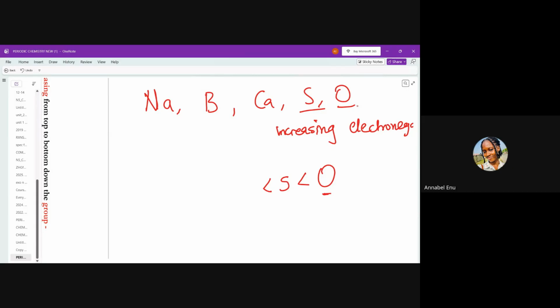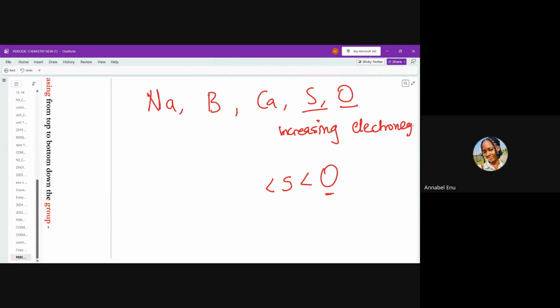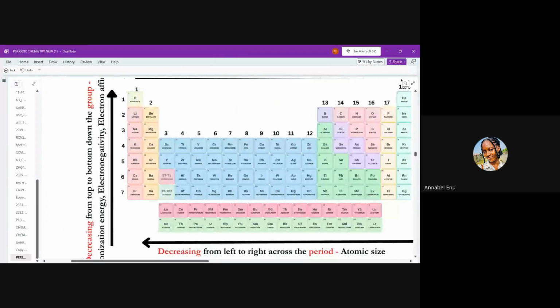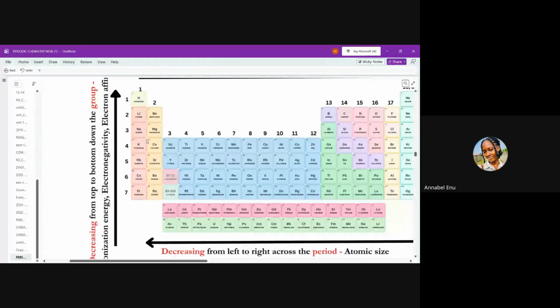Calcium is at the left side. Let me show you the periodic table. Now, the remaining ones for us to match are sodium, boron, and calcium. See where calcium is. Let me circle calcium for you. You see where calcium is. See where sodium is. See where boron is.